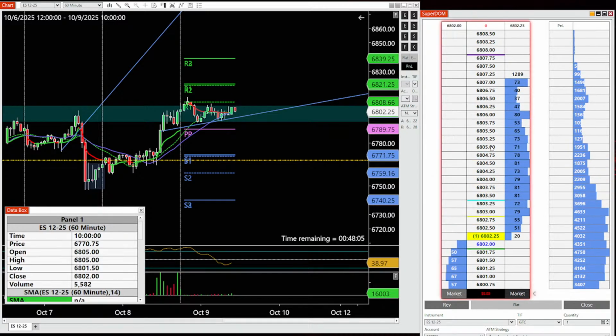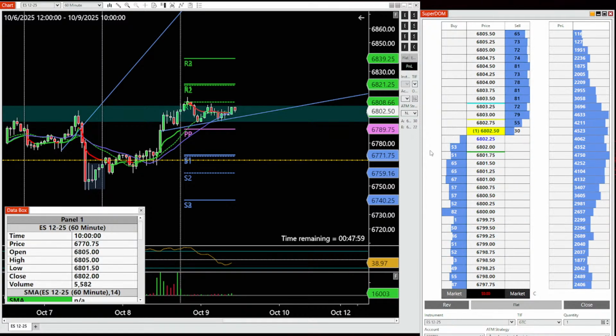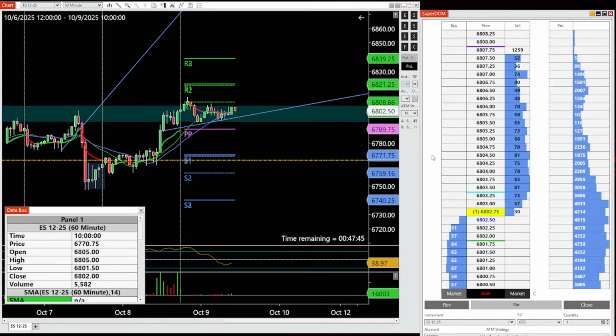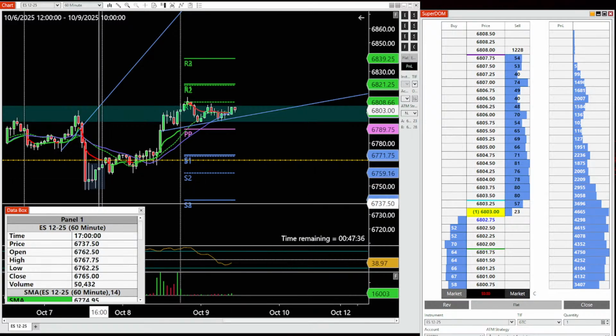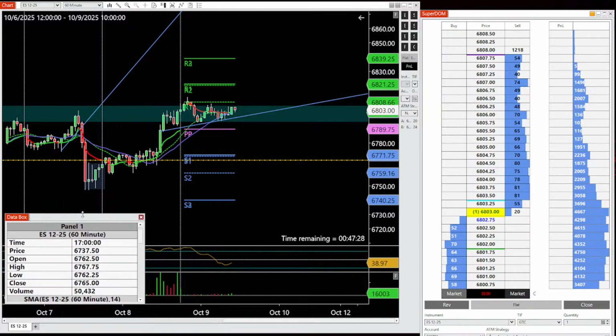So pressure from 6805. Those orders ramped up at 6005 and between, I think, 05 and 0550. They came in and held up. Let's see if I can, should I make this smaller? Don't need to be too big on here.